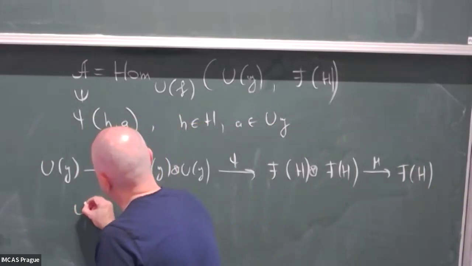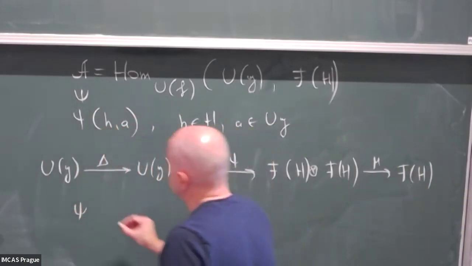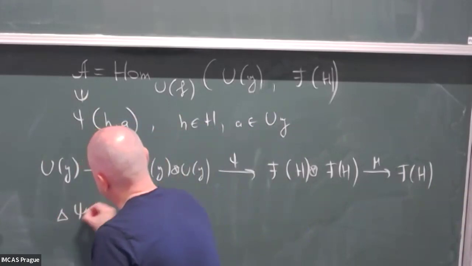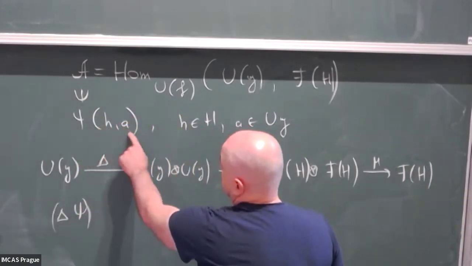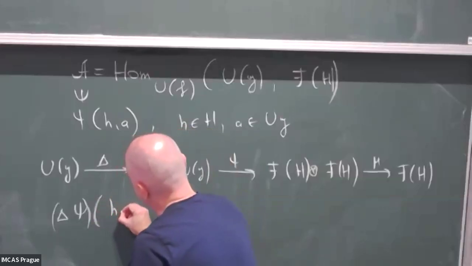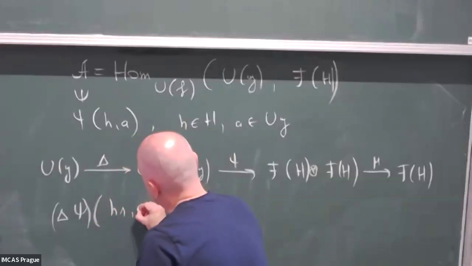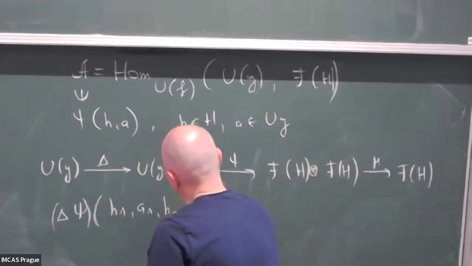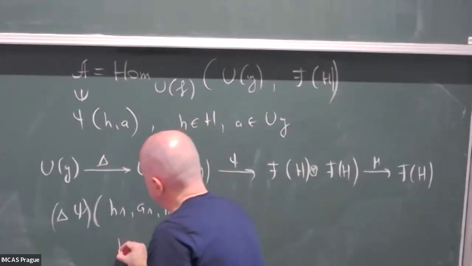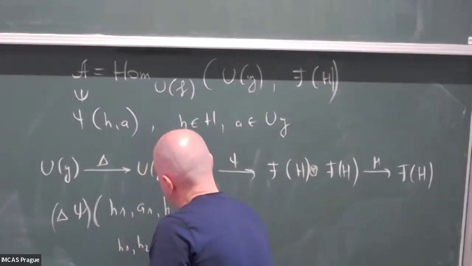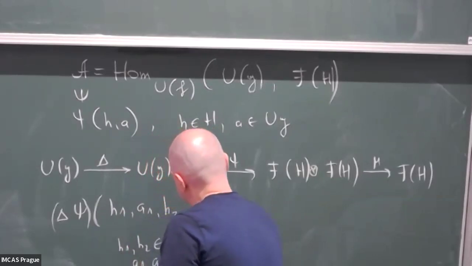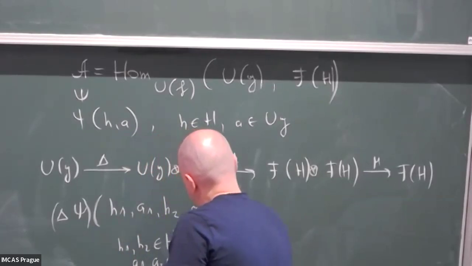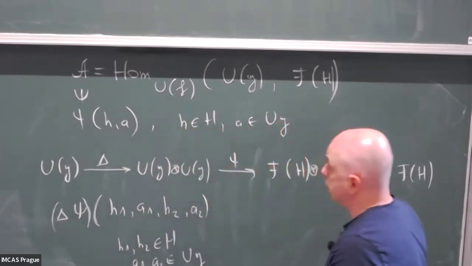So let's see how delta psi, viewed as a function of two arguments, acts on h1 a1 and h2 a2, where h1, h2 are elements in capital H, and a1, a2 are elements in the universal enveloping algebra of g.